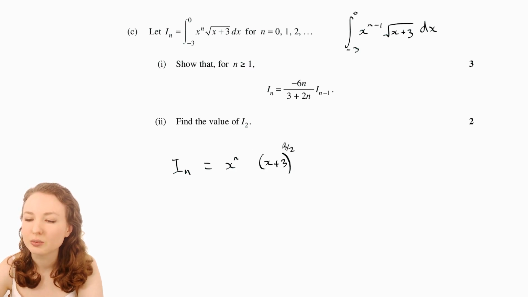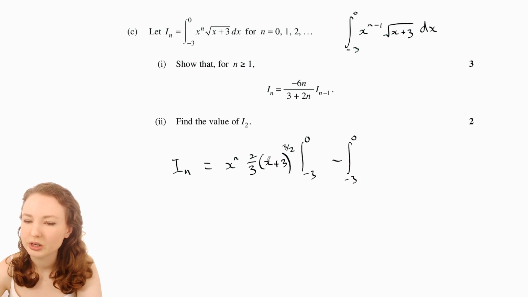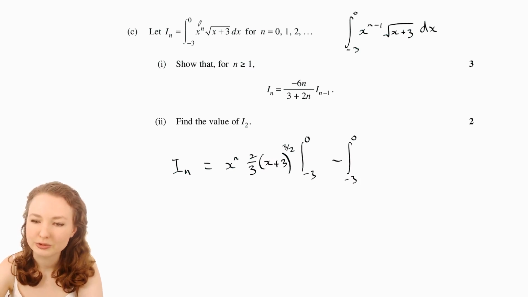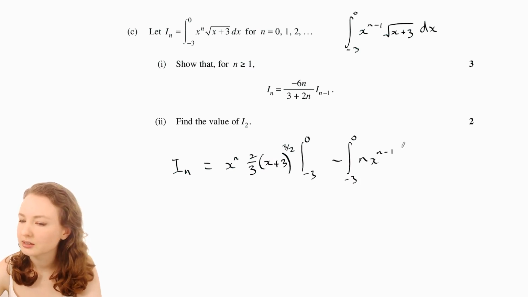And then we need to multiply by 2 on 3 to compensate for the 3 on 2 that comes out the front when you differentiate this. Okay, so we've got that. So we integrate that one, and then we differentiate this one. So that makes n x to the n minus 1, and then this again.